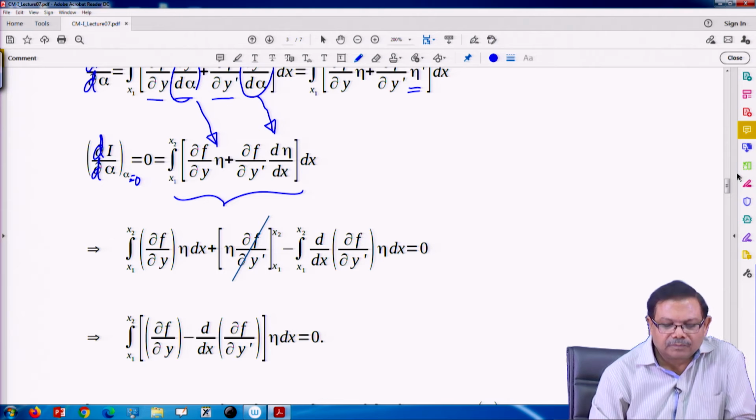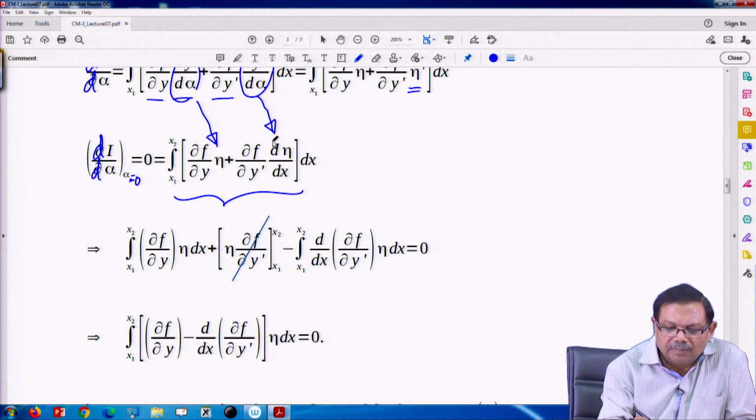Now we will do the integration by parts on the second part. For the first part we just write down whatever is there, partial f partial y times eta dx, plus. Now, this part I do integration by parts. So, the second one is d/dx of eta times dx.